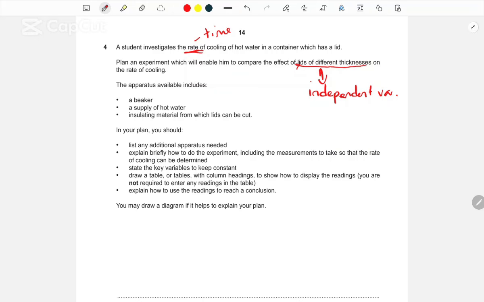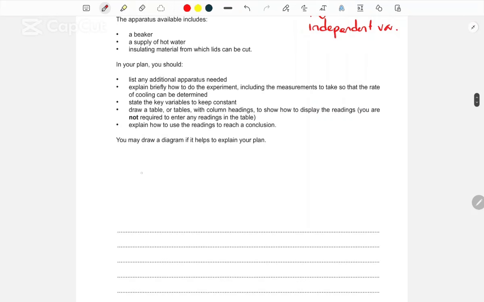And the dependent variable, or the variable that's measured, is going to be the temperature. So how this experiment is going to go is we have different thickness of lids, and then we measure the temperature. So we measure the temperature of the water initially, and then we measure after some time has passed.